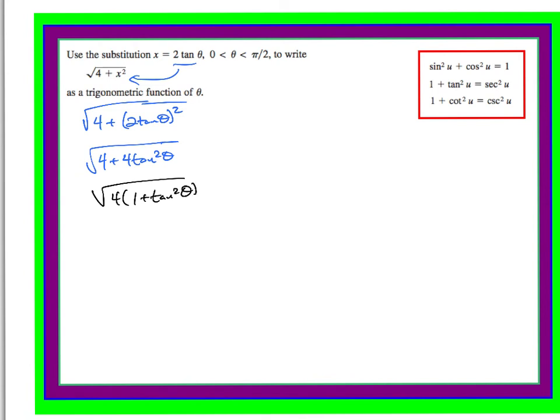You should notice something now. What is 1 plus tangent squared? Secant squared. So now I end up having square root of 4 secant squared. Are both of them perfect squares? Yes, they're both perfect. So what do we end up having? 2 secant theta. Pretty good?